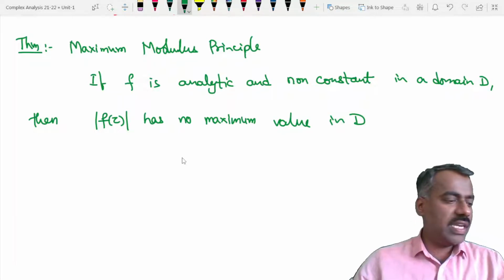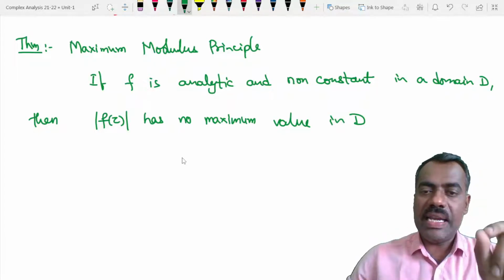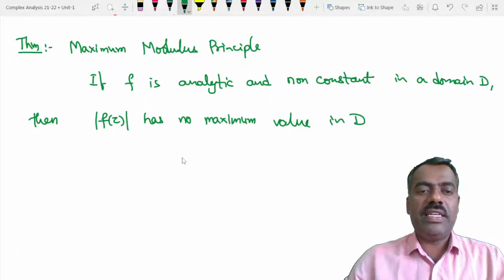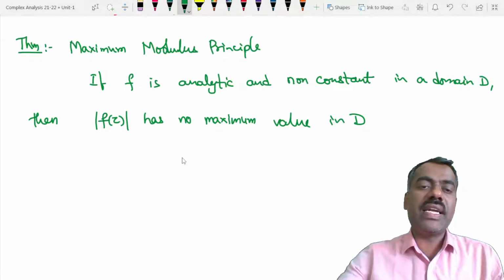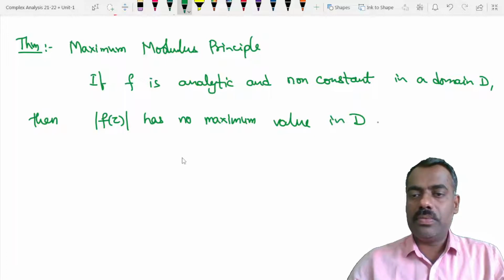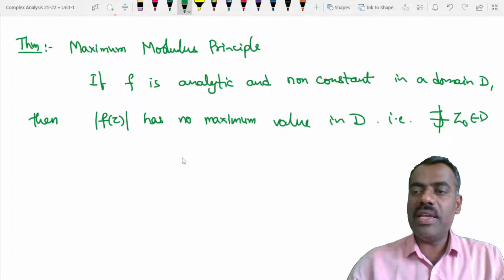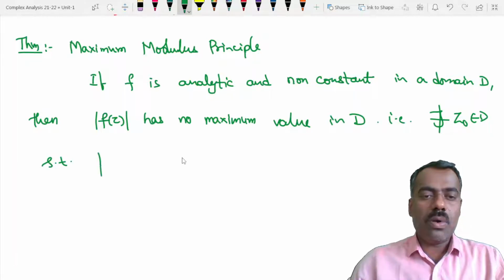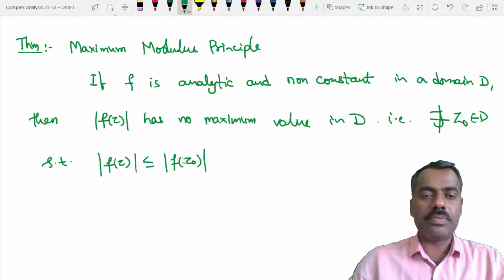That means there is no z naught in D such that mod f of z is less than or equal to mod f of z naught for every z; there does not exist any such z naught in D.